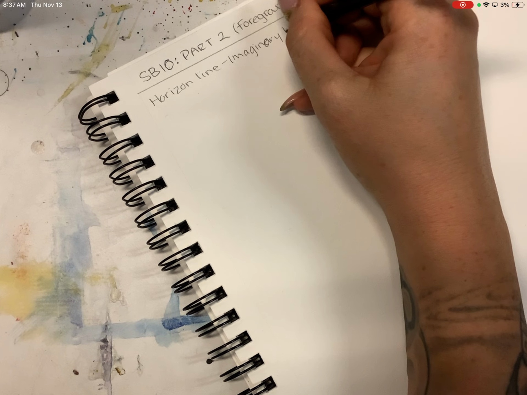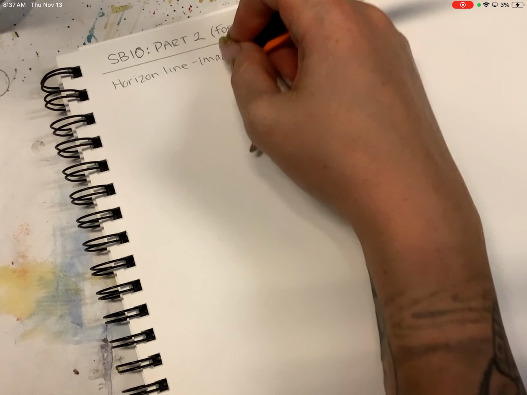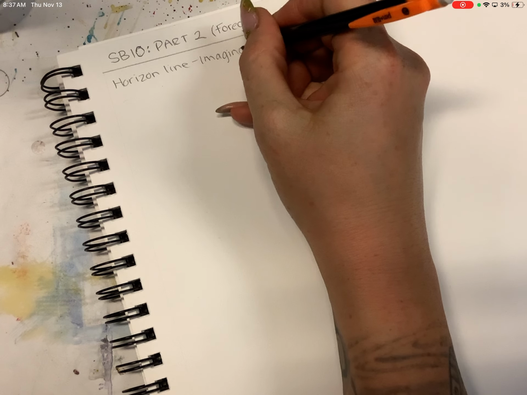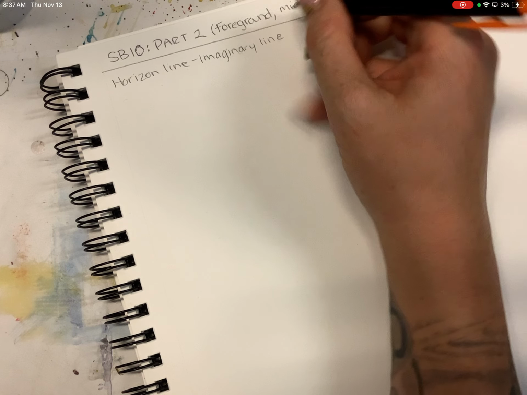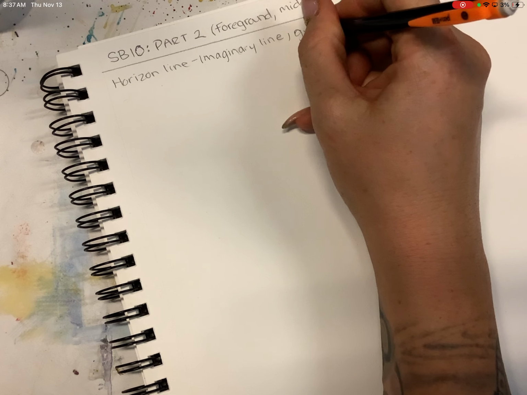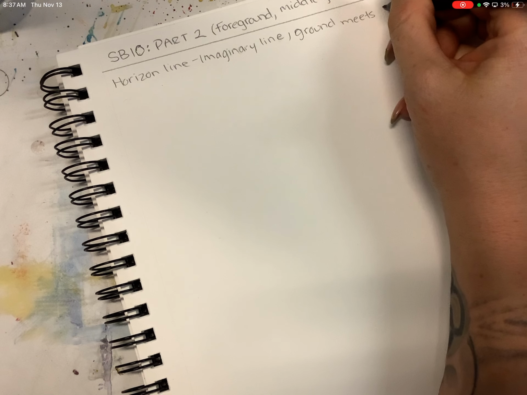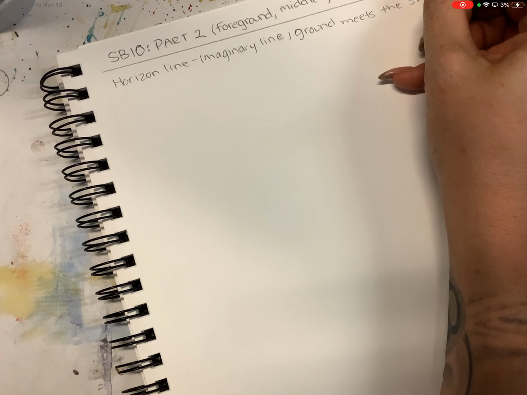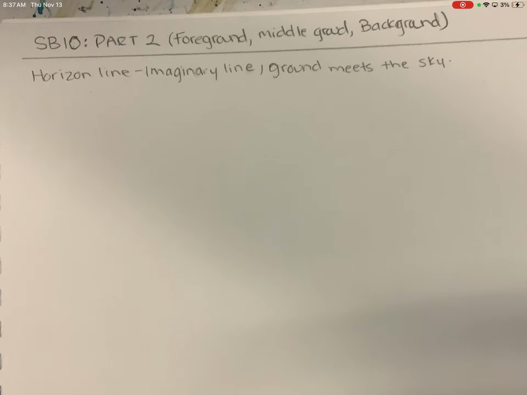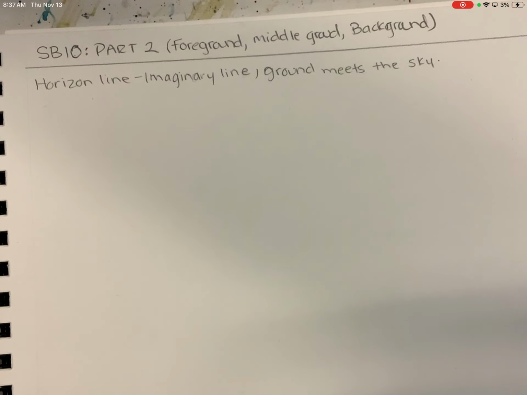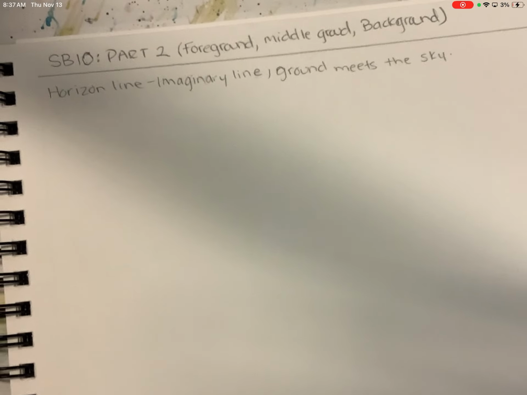Imaginary line where the ground meets the sky. On Canvas, I'll have a longer version, but we're doing the short and sweet version.